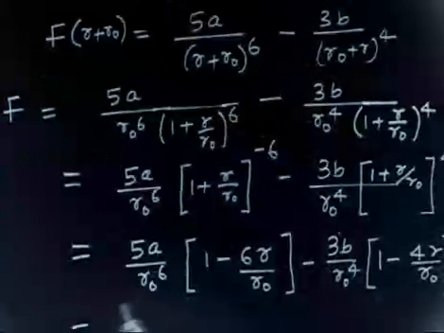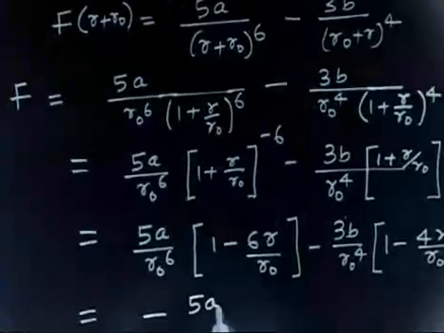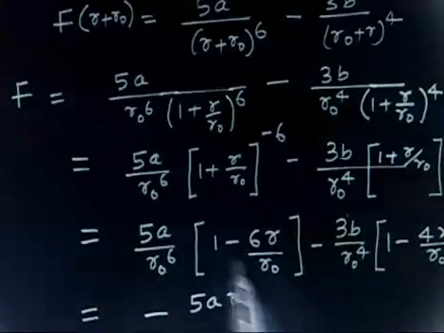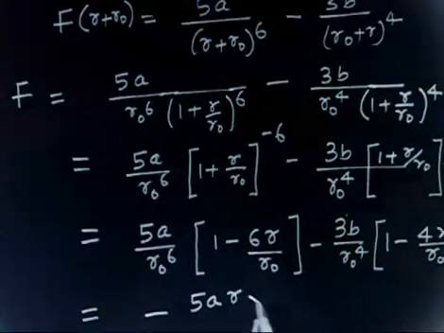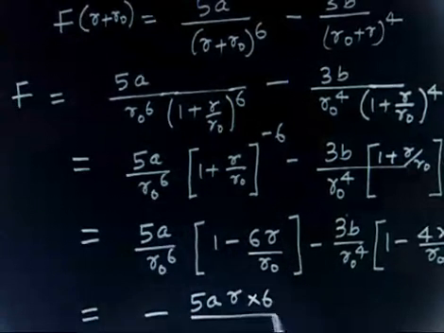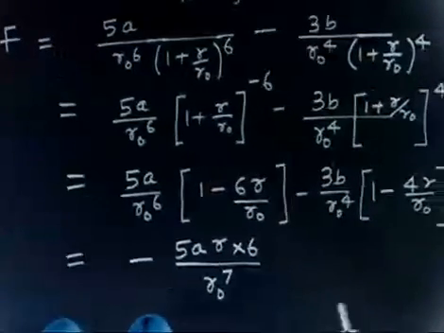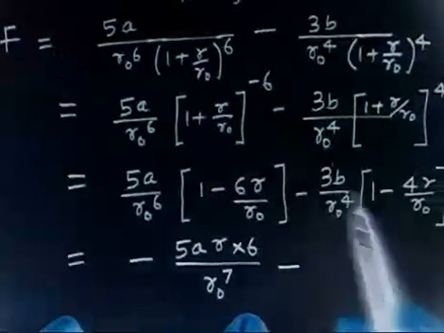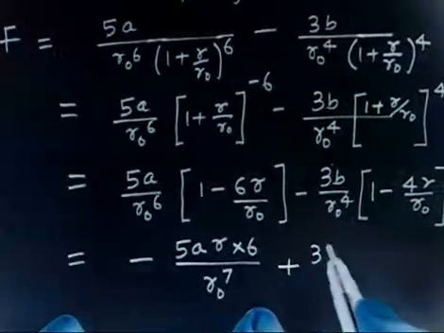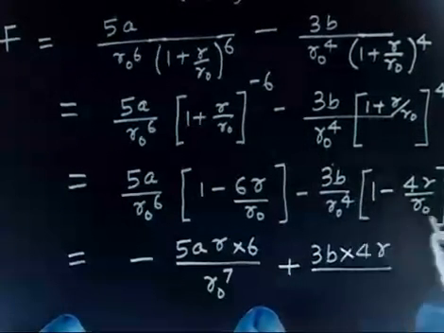So I will have minus 5 into 6 into a into r divided by r naught to the power 7. And then you will have minus 3b, minus minus plus, so plus 3b into 4r divided by r naught to the power 5.